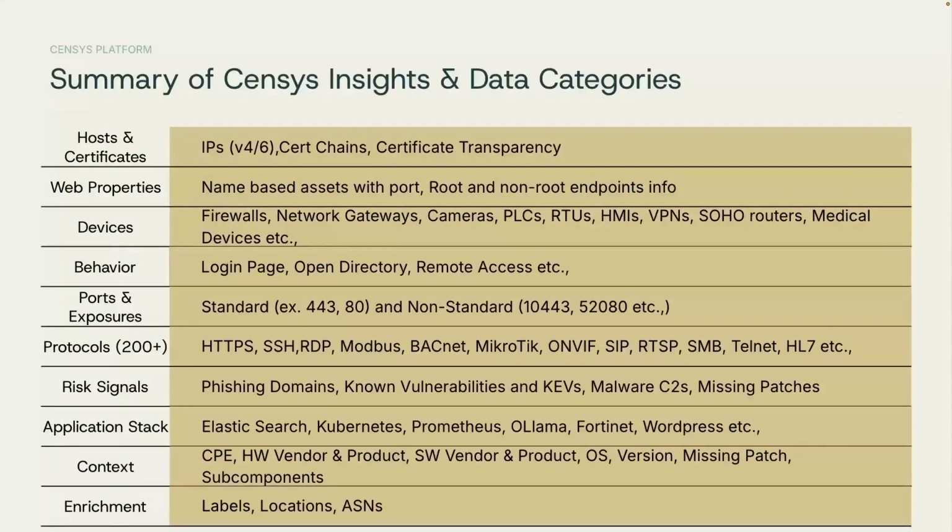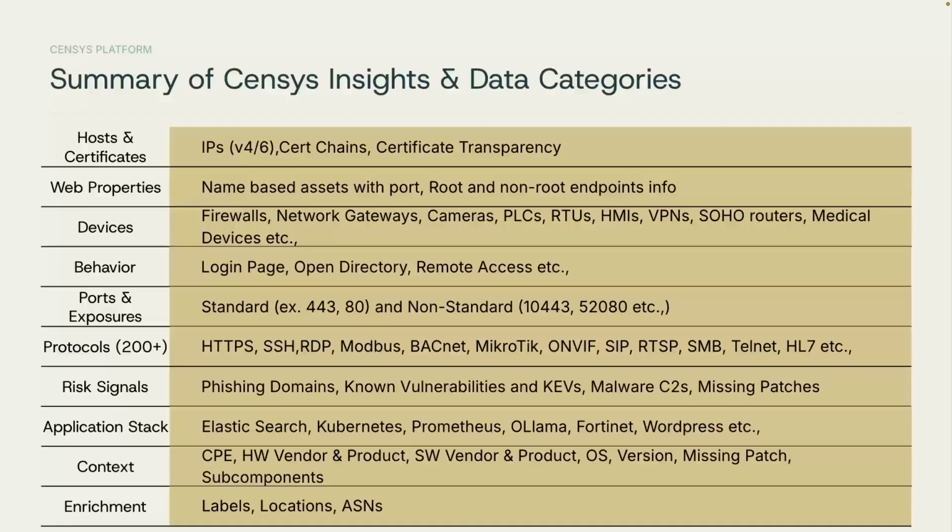Now, this is kind of a busy slide, but I'll just touch on a couple of things here. This is just a summary. This isn't everything. We index over 1,500 fields when we collect data and then report that back to you through Censys, whether it's through the UI or through the API. Now, just to give you a little bit more exposure so you can understand the robustness of this.